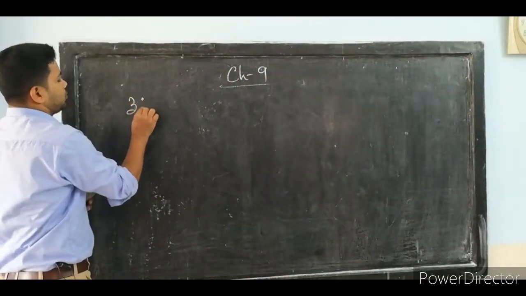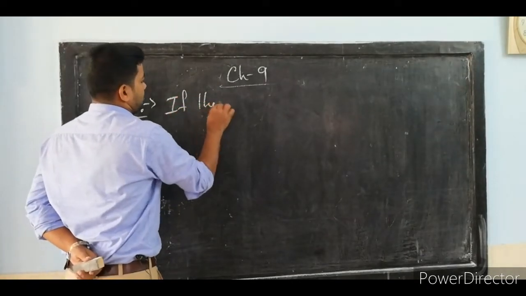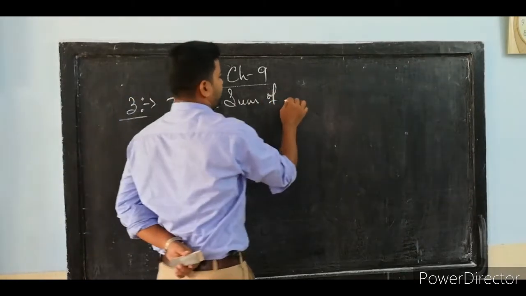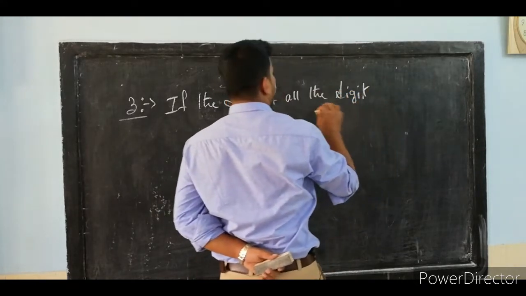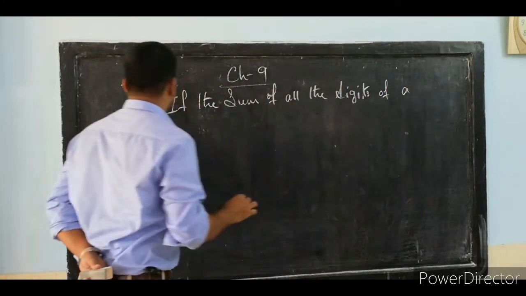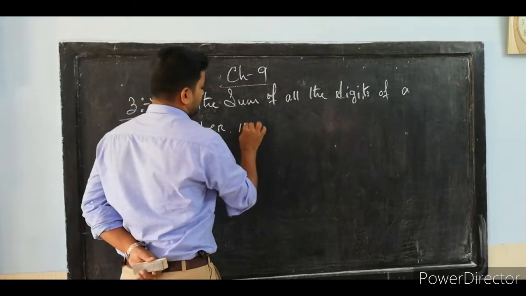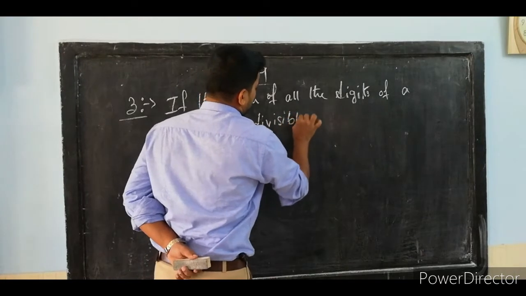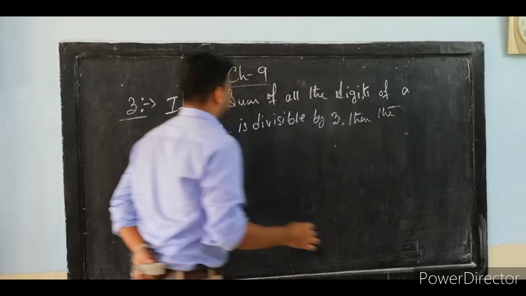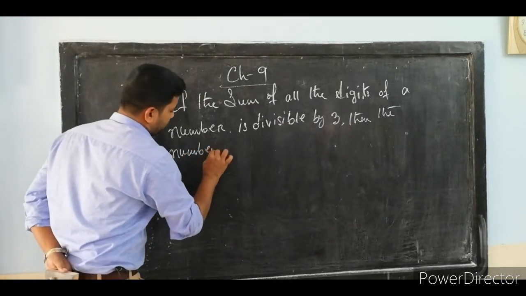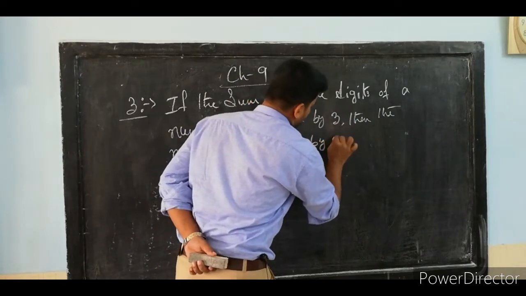Okay, so if we talk about the rule of divisibility of 3, then the answer is: if the sum of all the digits of a number is divisible by 3, then the number is also divisible by 3.